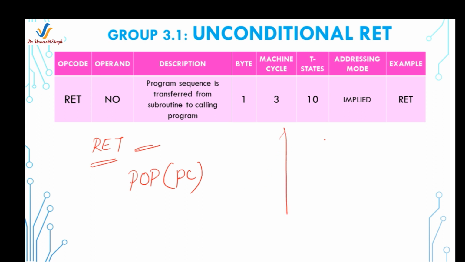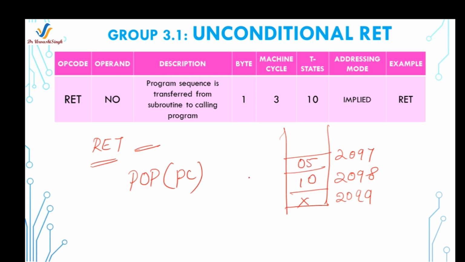pointer. So let this be the stack with locations 2099, 98 and 97, and these are the contents. Popping back from the stack, first it will take back this 05 hex, which is the lower 8-bit address of the program counter, and then it will take back this 10.